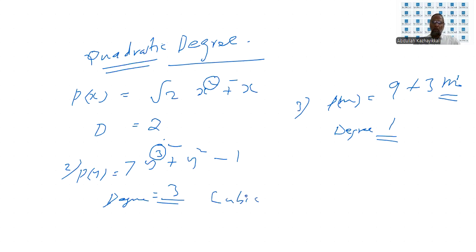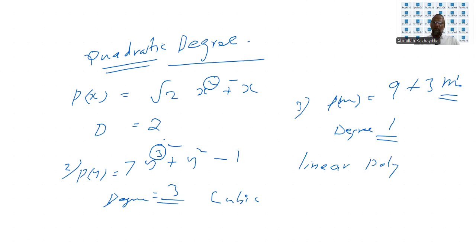First one, monomial. Sorry, this is linear, not monomial. Monomial is one term only. We are talking about the degree. That means degree 1 is linear polynomial.